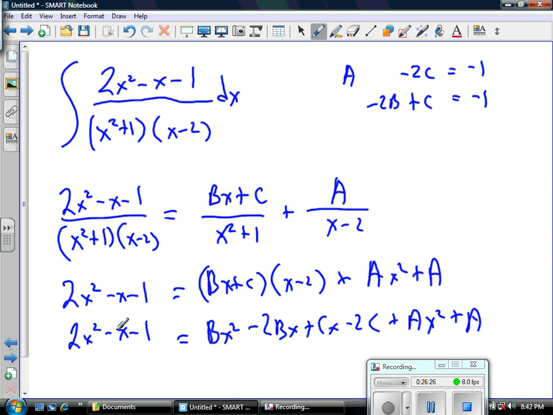That's this negative 1. And then what about the 2? The x squareds. Don't worry about the x's, just the coefficients. 2 matches a plus b.